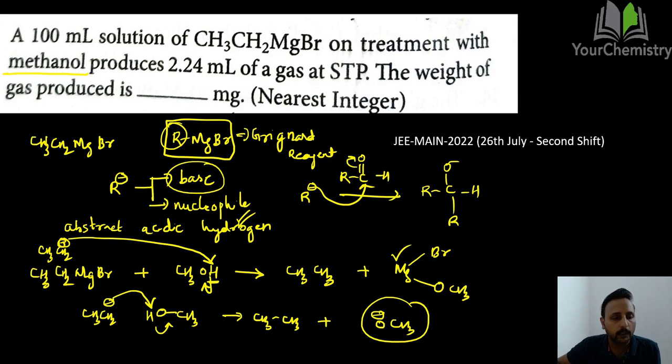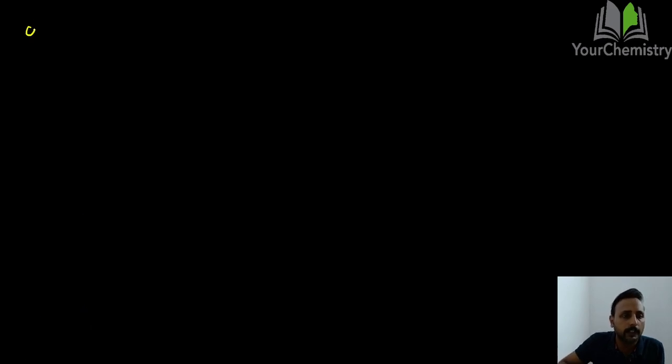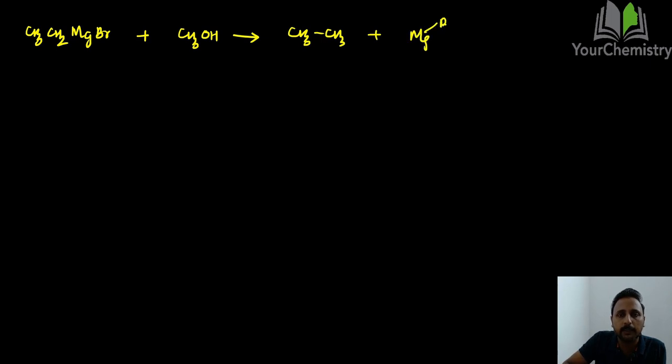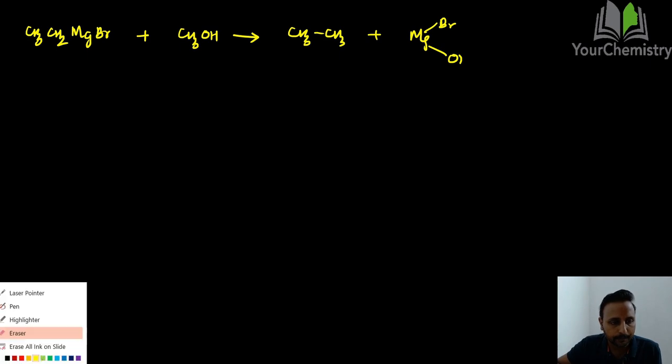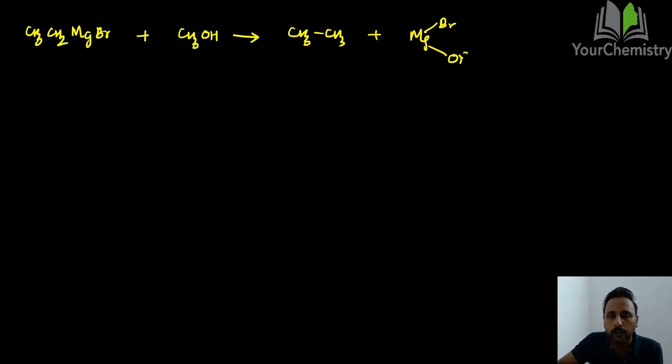So once again the reaction: CH3CH2MgBr combines with CH3OH to give CH3CH3 plus MgBr OCH3. That's what I have shown you.